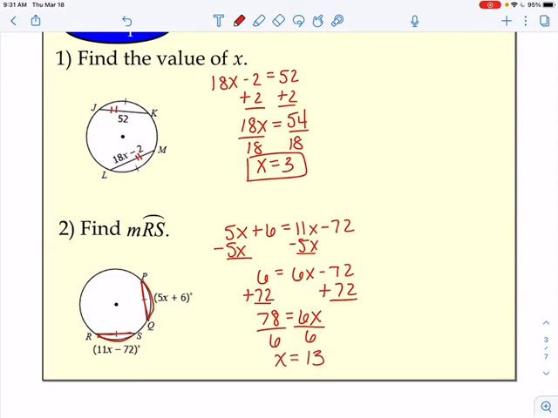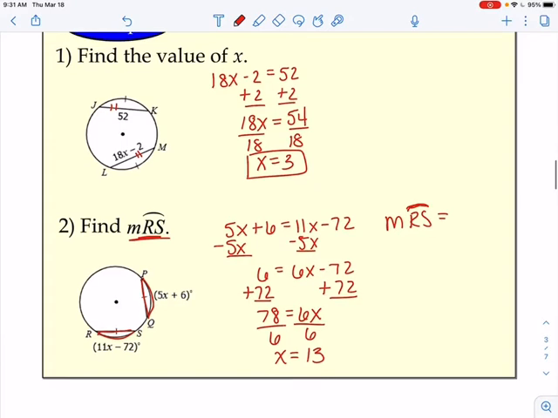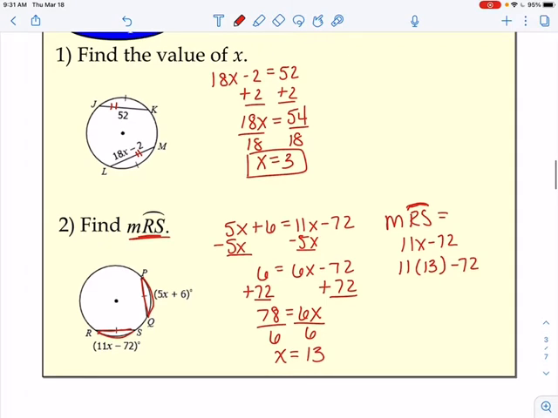Just be careful here. It's not asking you to find the value of x. It's asking you to find the measure of arc RS. So now I need to plug back in. The measure of arc RS was represented by 11x minus 72. We just found x to be 13, so I'm going to do 11 times 13 minus 72. 11 times 13 should give me an answer of 143.